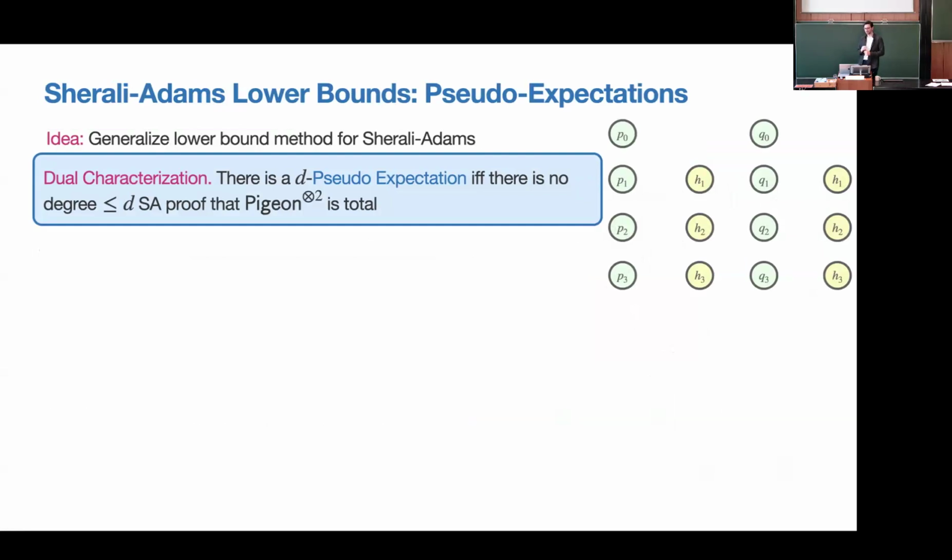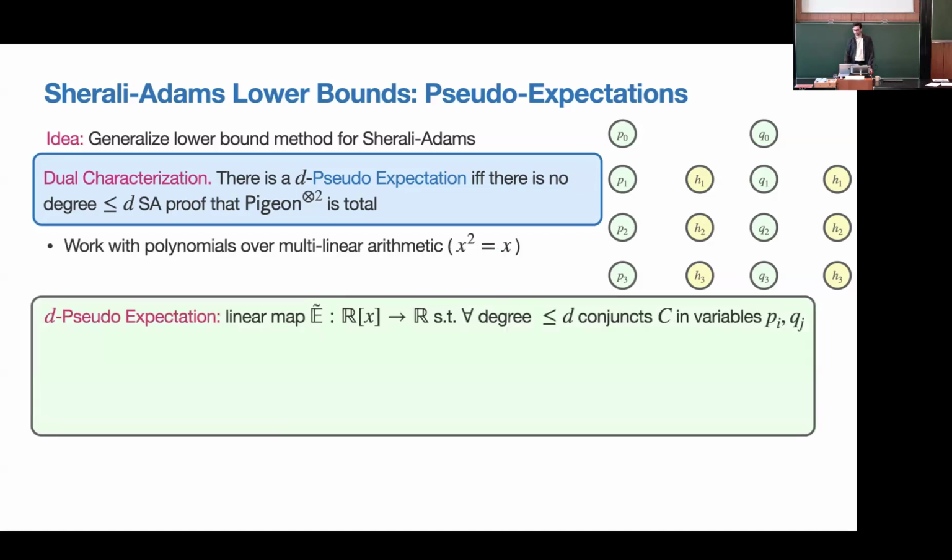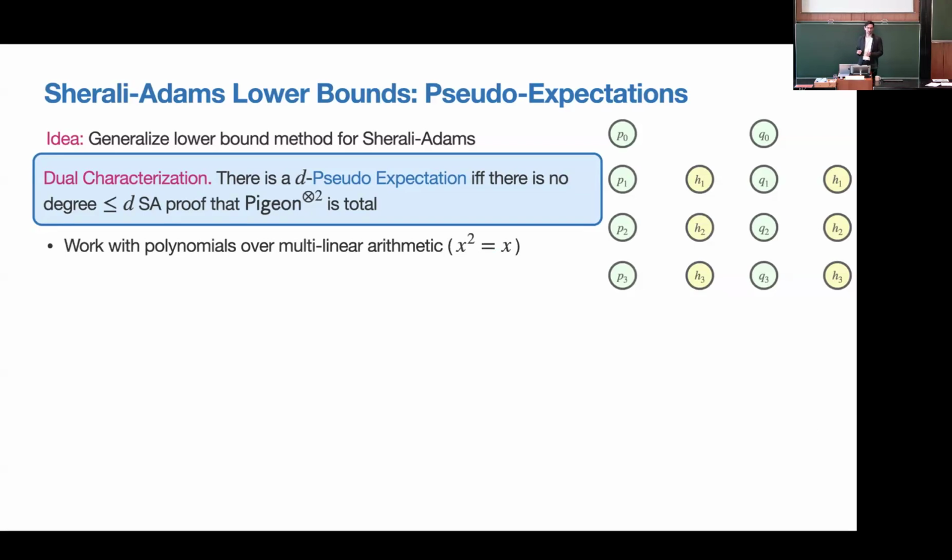So there are these objects called pseudoexpectations, and the existence of a pseudoexpectation precludes the existence of a degree d Sherali-Adams proof. Here we're going to focus on this pigeon squared problem. So what's a pseudoexpectation? It's an object that works over polynomials, and we're going to be looking at multilinear polynomials.